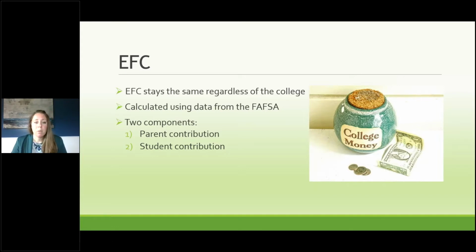If they are working and they earned over a certain amount, they are required to file taxes. So there may be some student contribution calculated into that EFC. Same with the parent, whether the parent is working, perhaps there are other types of government benefits that need to be included on the FAFSA as well. All of that is calculated in the EFC.